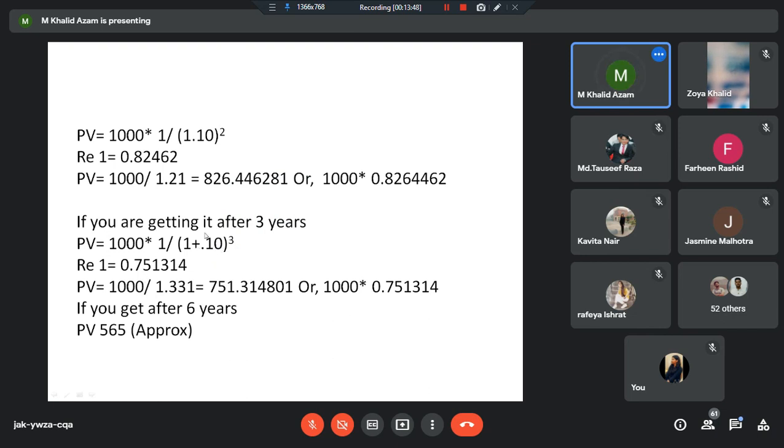So this 1 rupee factor, 1 divided by 1 plus R to the power n, n is 3 at a 10% rate. The 1 rupee value is 0.751314. So the 1 rupee value is only 75 paise. So this is 0.751.